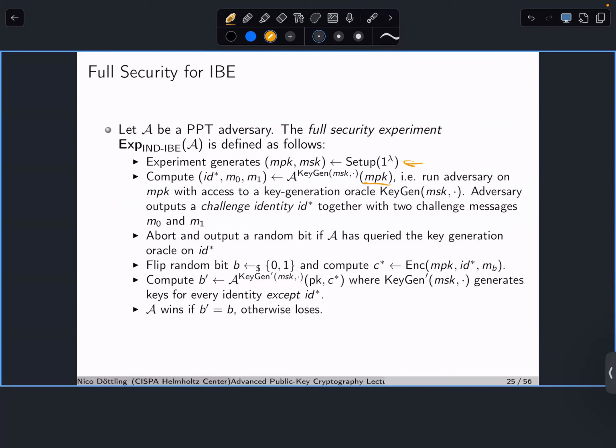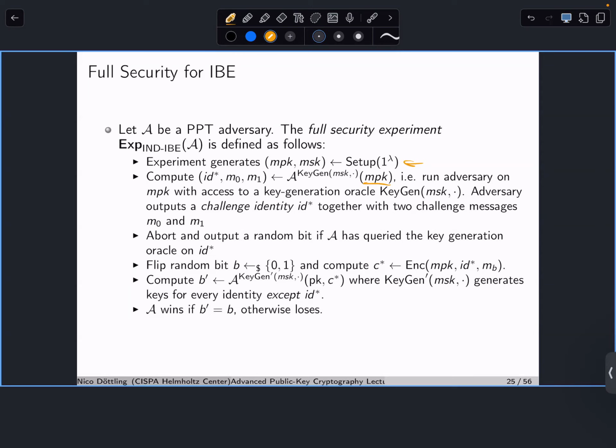And if this is the case, we proceed as usual in these kinds of experiments. We flip a random coin. If the coin is 0, we encrypt M0 with MPK and under ID star. If the coin is 1, we encrypt M1.